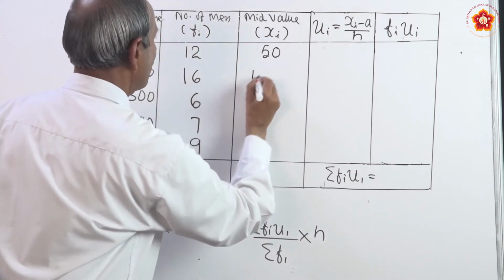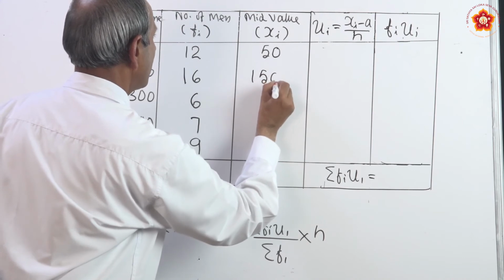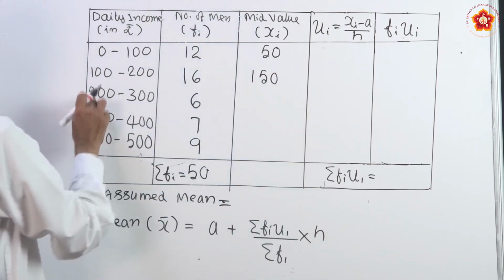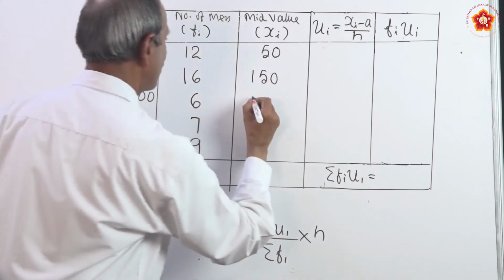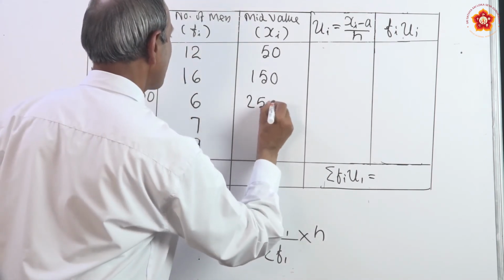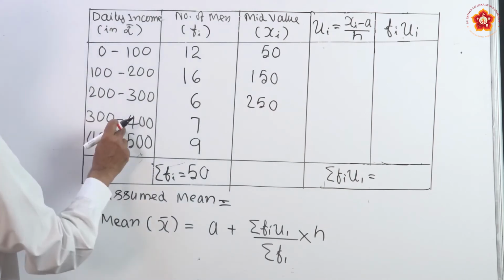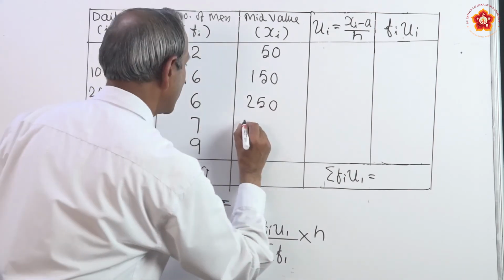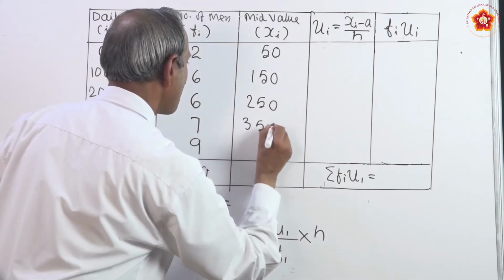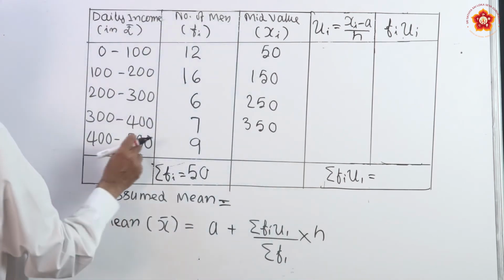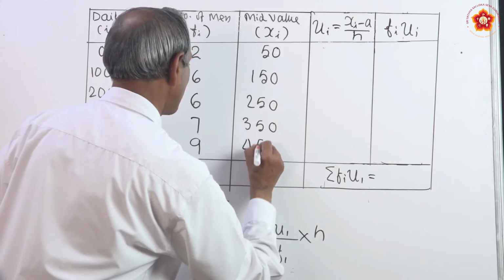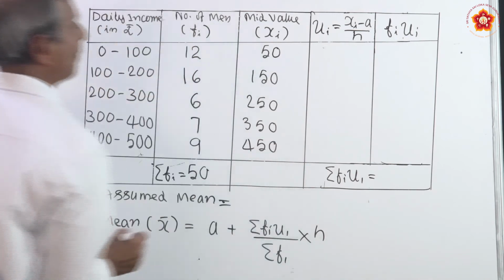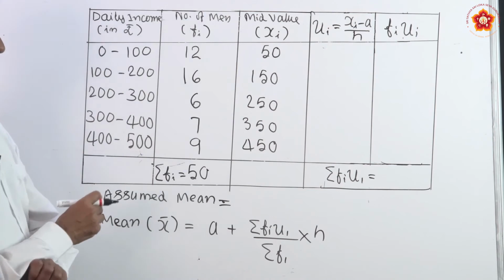Now write 150 here. By inspection, 200 to 300 gives 250, 300 to 400 gives 350, and 400 to 500 the class mark becomes 450. Now the mid values you got.